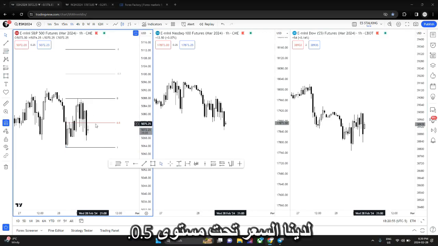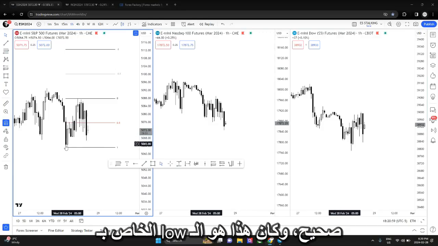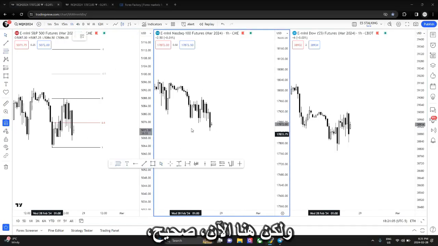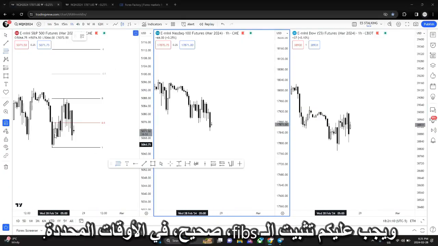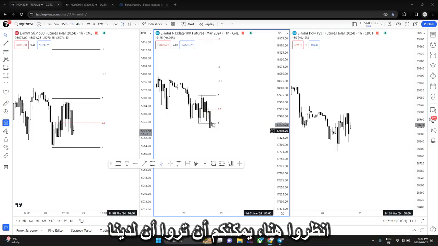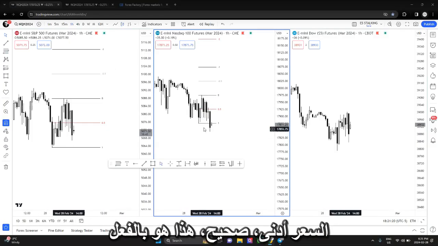We have price below the 0.5 level, right? And this was the low of yesterday. Well, here right now, right? And you have to anchor the fibs at the specific times. Look at this. Right here, you can see that we have price below, right?